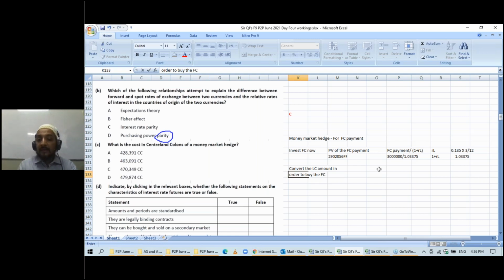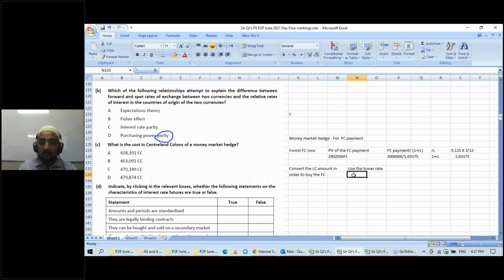So what should be the rate? You will be using the lower spot rate, because you have to pay the foreign currency. So you have to buy the foreign currency. The foreign currency dealer will buy the local currency from you. So using the lower rate, you will convert it.